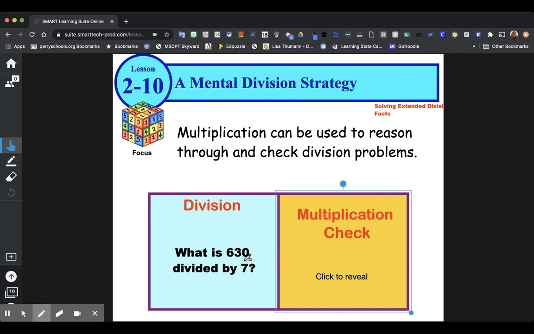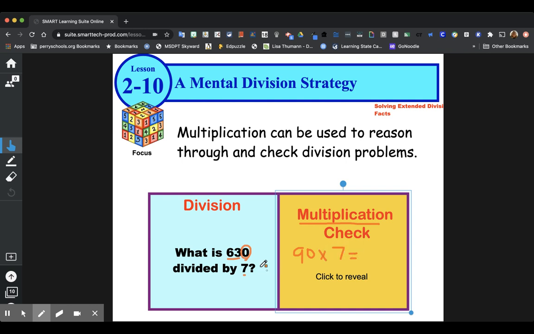So 630 divided by 7, I can look at this and think of 63 divided by 7, which I know would be 9, because I know 9 times 7 is 63. So I can see that I need to add a 0 to the answer. So 630 divided by 7, I know is going to be 90. Well, I can check that with multiplication. So I'm going to take 90 times 7 and check my answer.